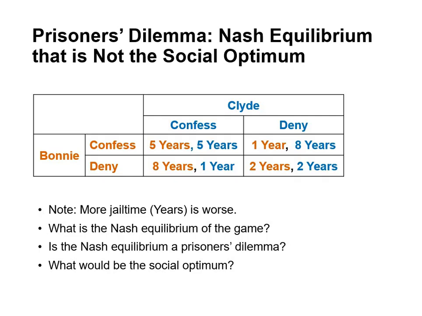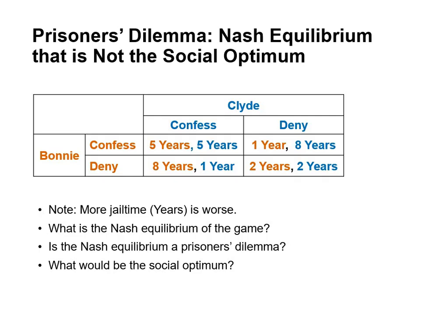Okay, so the players know these are the rules of the game. Bonnie knows that if she confesses and Clyde confesses, they both go to jail for 5 years. So obviously in this case, a lower number is better. But Bonnie also knows that if she denies having robbed the bank, but Clyde confesses, then she would go to jail for 8 years and Clyde would only go to jail for 1 year.